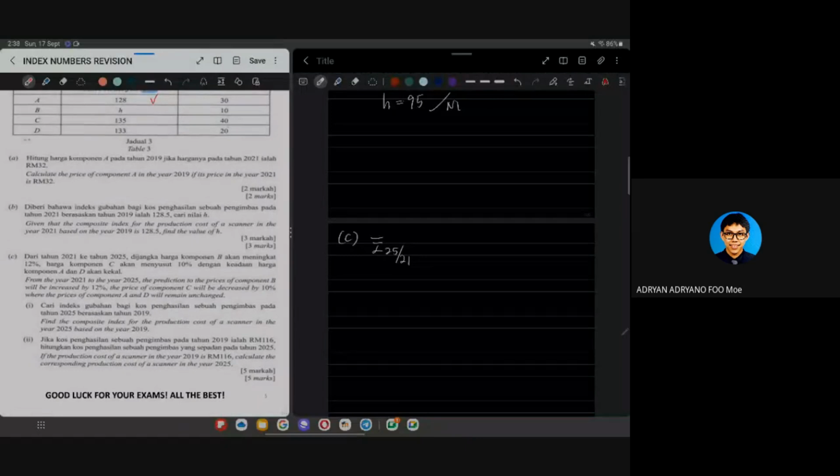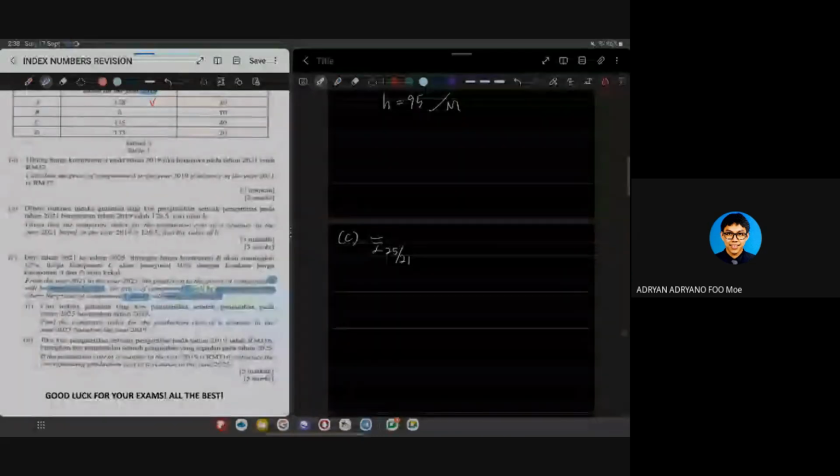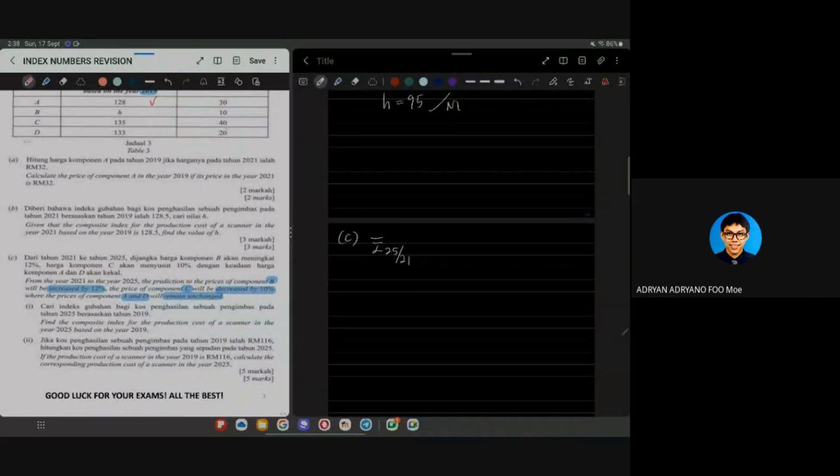But for this question, they mentioned that B increased 12, C decreased 10, A and D unchanged. So we have to find their individual index.